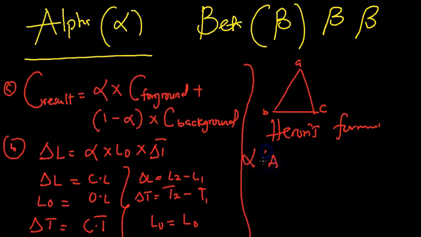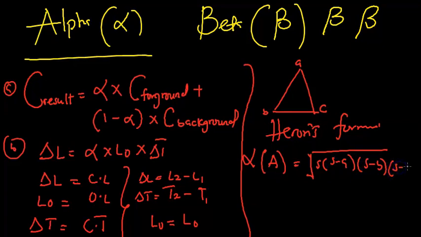This formula says that alpha is going to be the square root of S into bracket of S minus A, multiplied by S minus B, and multiplied by S minus C, with these variables A, B, and C.